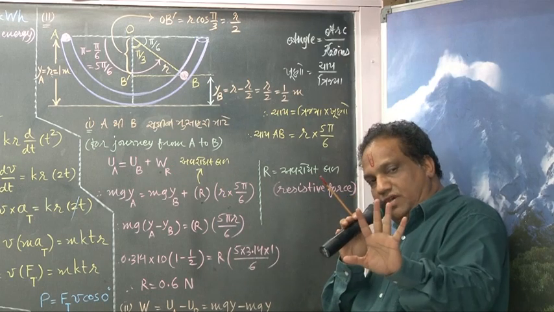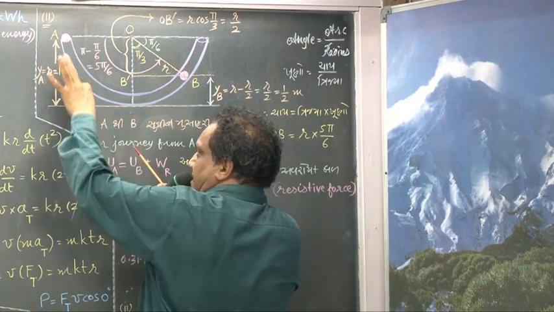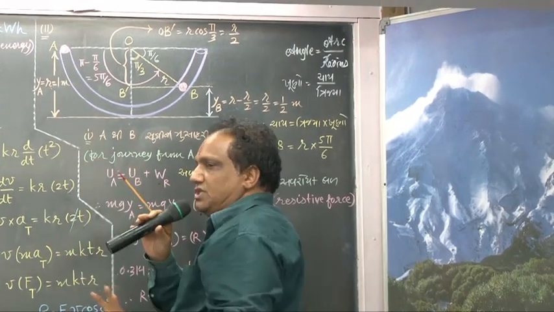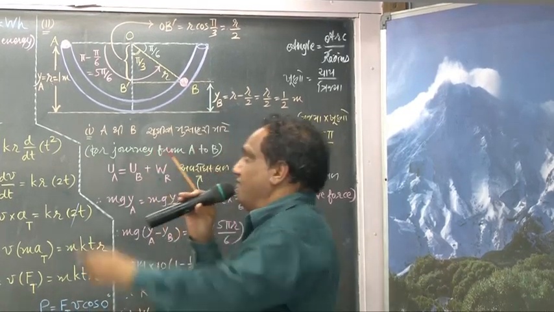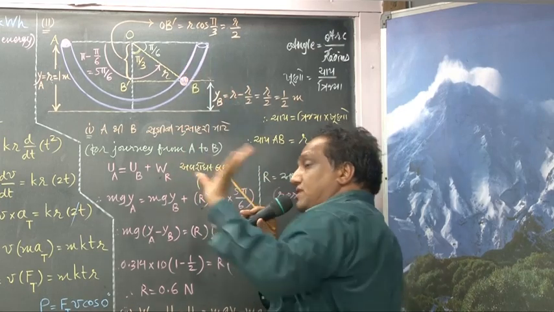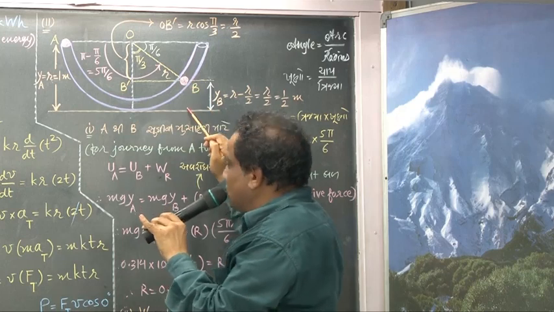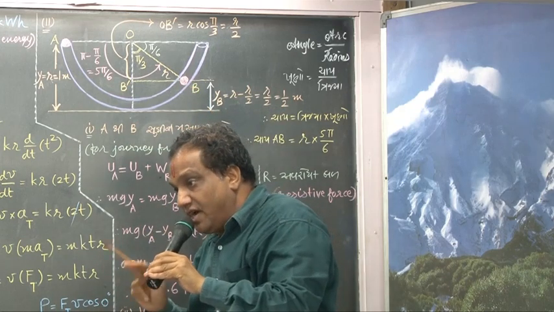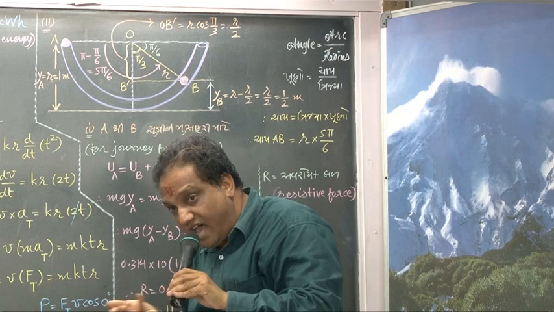For example, look here. Suppose here the gravitational potential energy at this much height is, we don't know, suppose it is 75 units. And when the body comes here, the gravitational potential energy is suppose 25. Here it was 75, here it is 25. The question is, 75 minus 25, there is 50 units of energy gone where?